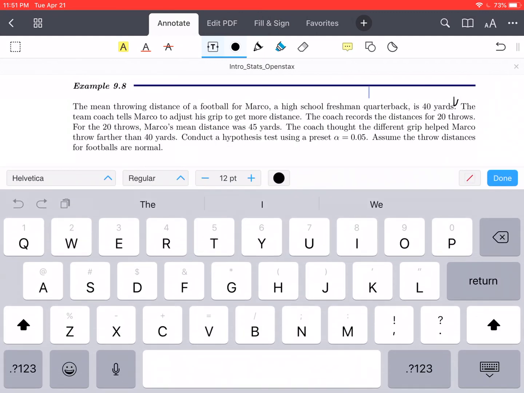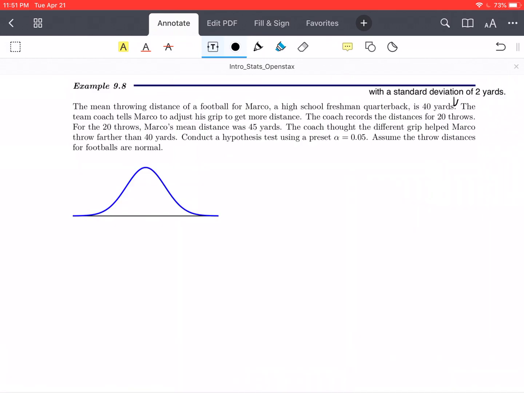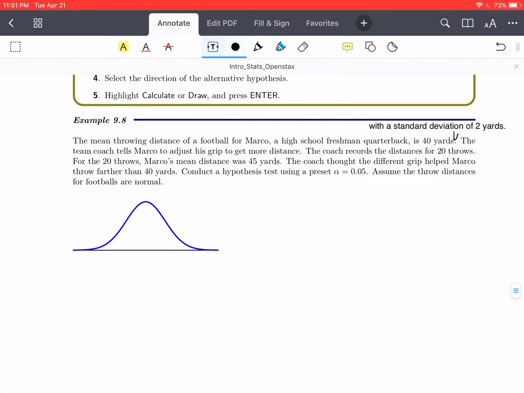And this is with a standard deviation of 2 yards. Okay. I was racking my brain trying to figure out how to solve this one because it didn't give us a standard deviation. I went and looked in the book, and it does. So I just need to add that in here because for some reason it wasn't included on this sheet.